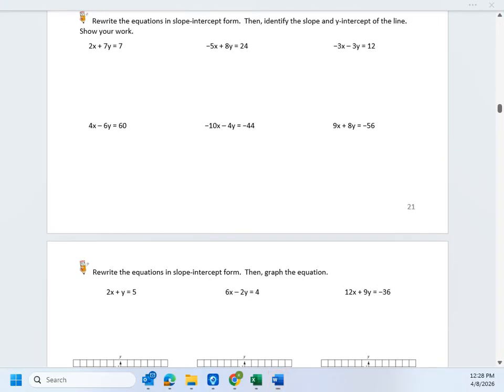We're going to remember we want it in our slope-intercept form. All right, who could walk me through this first equation? Colton? You're going to subtract 2x from both sides, and then subtract 2x from 7. Okay, so what does that leave me with?